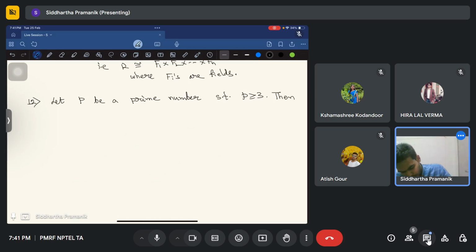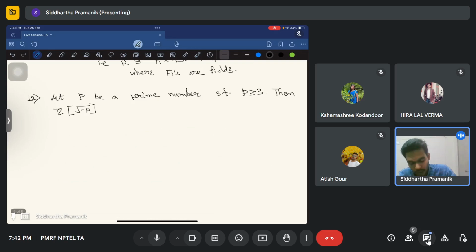Then if you take the ring Z[root minus p], this ring is not a UFD. I will not write the whole proof because it is exactly the same proof as you have done in the case of Z[root minus 5]. So let me just write down the steps.